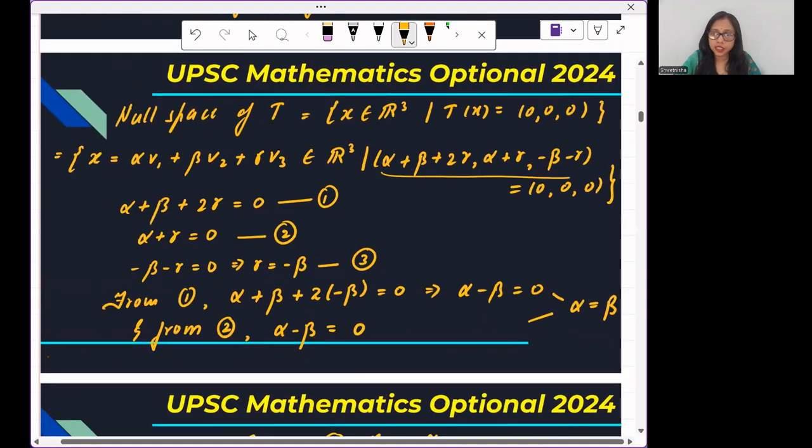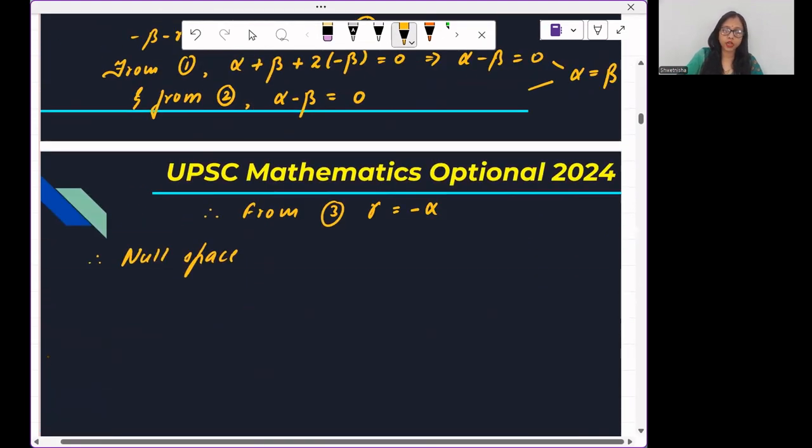Basically, these conditions gave me some relations between alpha, beta, and gamma, and I'm going to substitute them here. So the null space of T is equal to alpha V1, plus alpha V2 since beta is also alpha, minus alpha V3 since gamma is minus alpha, where this alpha can be any real.